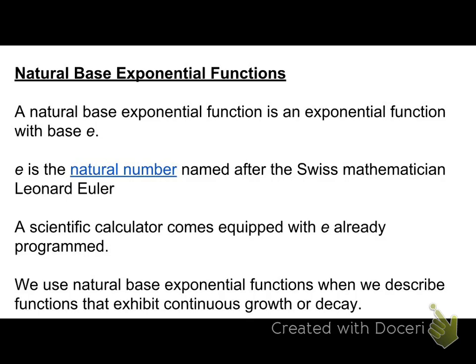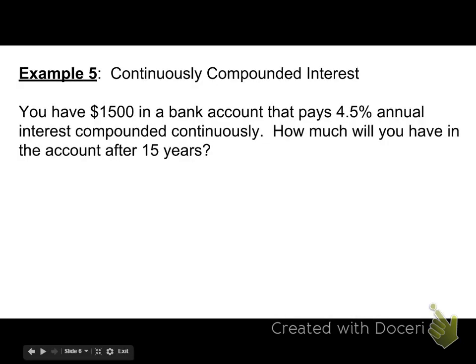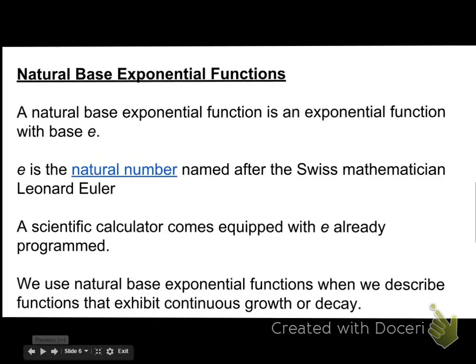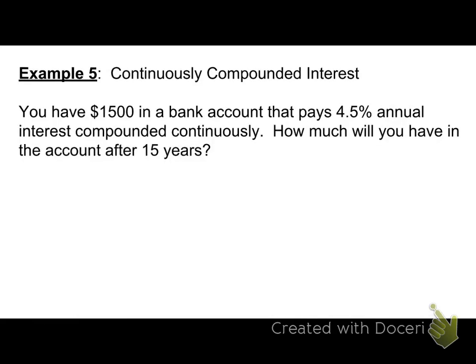Okay? Yesterday you had the formula A of t equals P times 1 plus r to the t. Today you get a new formula. Here's the formula, and it's going to be very simple to know when to use what formula.